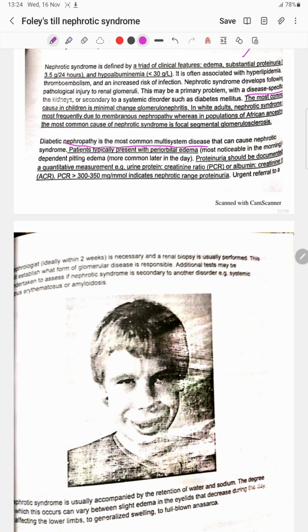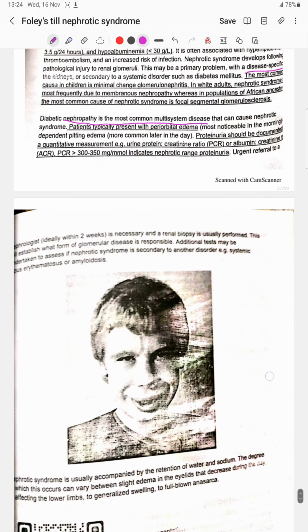Patients typically present with periorbital edema, most noticeable in the morning, dependent pitting edema, and proteinuria. Proteinuria should be documented by quantitative measurement, for example, the urine protein creatinine ratio, PCR, or the albumin creatinine ratio, ACR. A PCR of more than 300 to 350 milligrams per millimole indicates nephrotic range proteinuria.